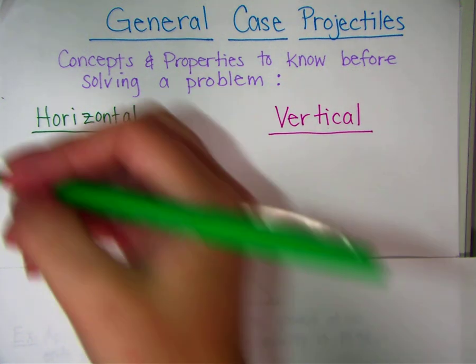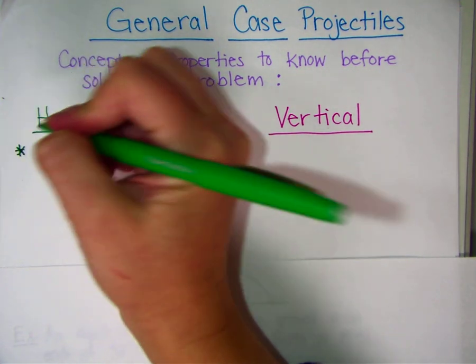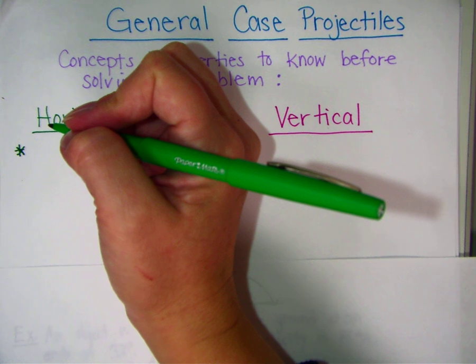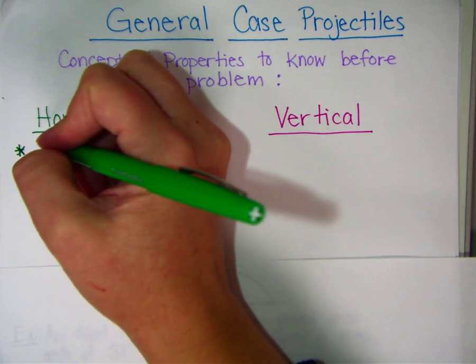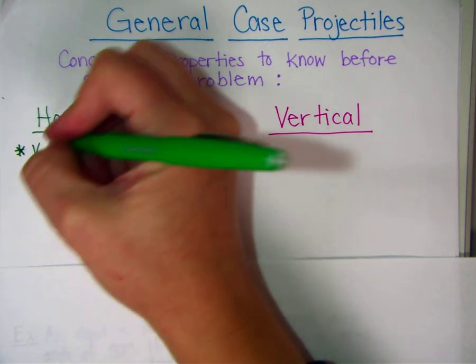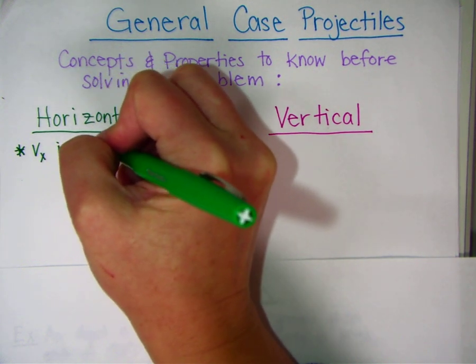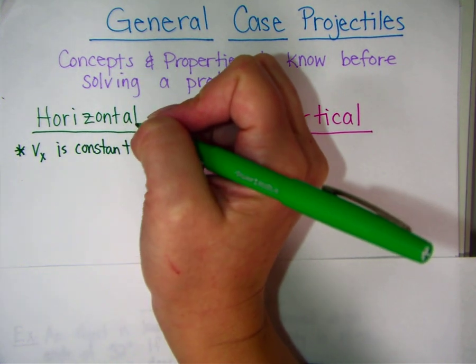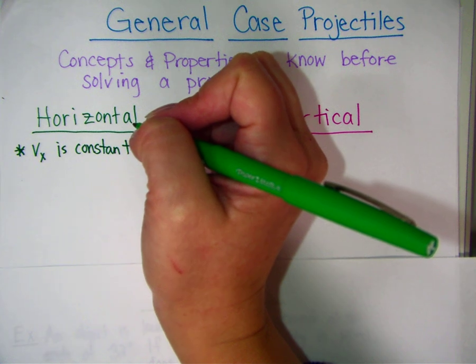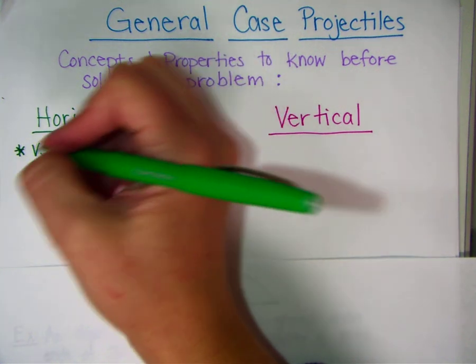In the horizontal direction, it's very similar to that of a horizontally launched projectile, where the velocity in the x direction is constant. Okay, the horizontal component of the velocity will always be the same.